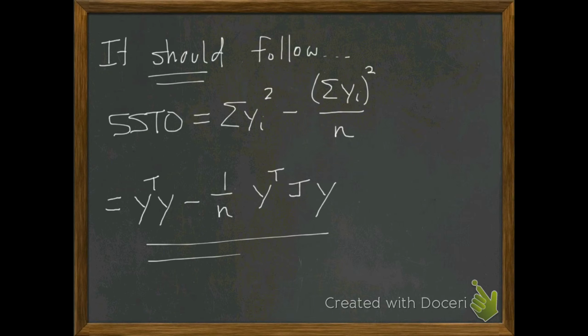Then sum squares for the total can be written this way. Now, I think I want to examine the sum squares for the error.